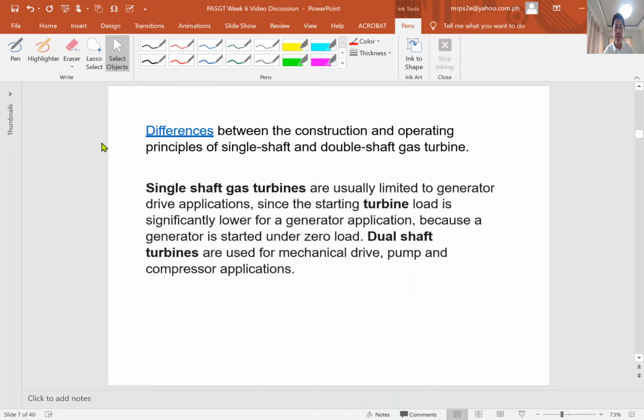Single shaft gas turbines are usually limited to generator drive applications, since the starting turbine load is significantly lower for generator application, because a generator is started under zero load. While the double shaft turbines are used for mechanical drive, pump, and compressor application. So remember the application.